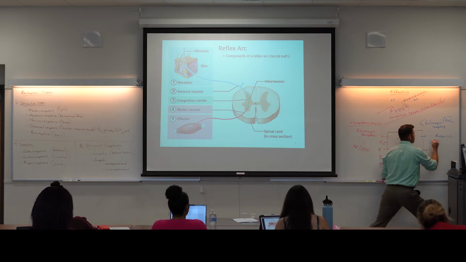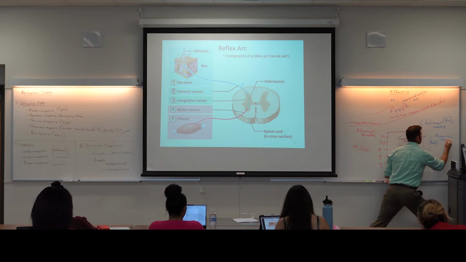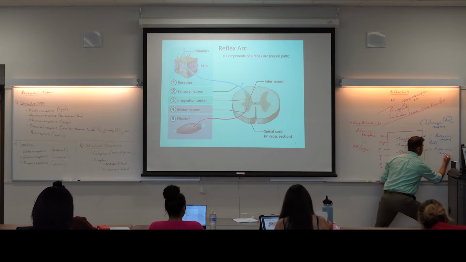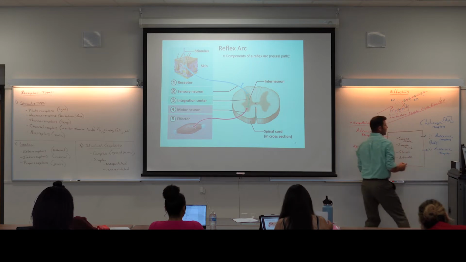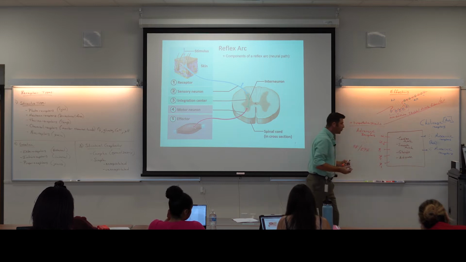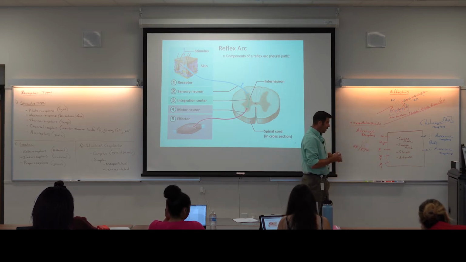Muscarinic receptors. This one, same thing, muscarinic. These muscarinic receptors are located again on cardiac muscle, smooth muscle, and glands, and they bind acetylcholine.